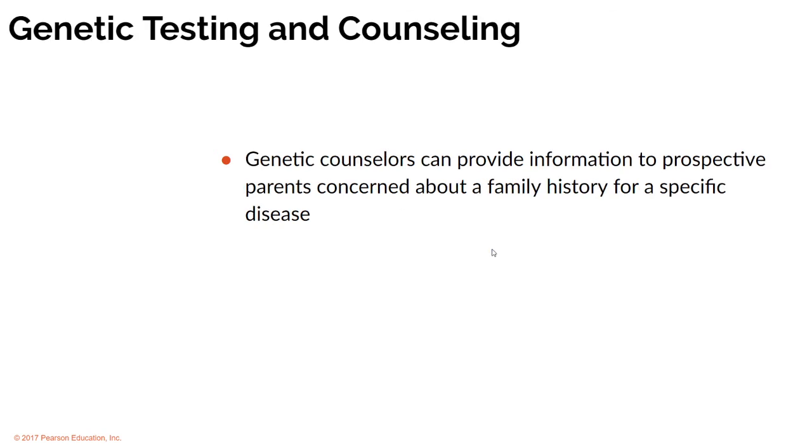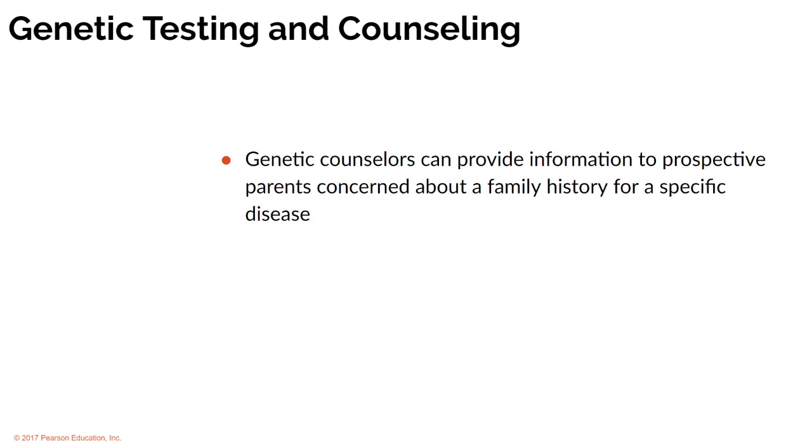One of the things that we're starting to see now is genetic testing and counseling. So people who have a family history of certain diseases might seek out a genetic counselor before they have children. And then the counselor can tell them the likelihood that their child will have certain genetic diseases.